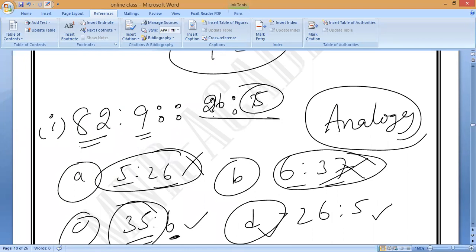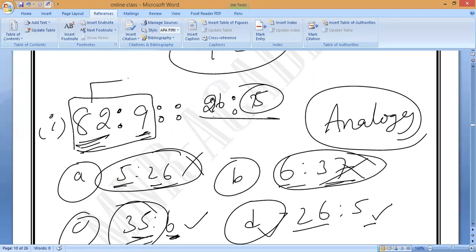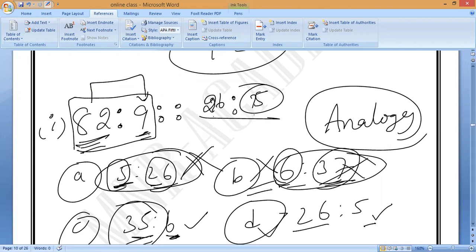They are saying that 82 is to 9. Same way, a similar kind of pattern you have to follow in the given options. They have given 4 options: 5:26, 6:37, 35:6, and 26:5. Now you can see here, bigger number is becoming smaller number. So these first 2 options, smaller becomes bigger, so I will easily eliminate these 2 options first itself.